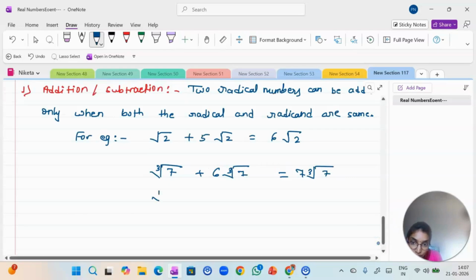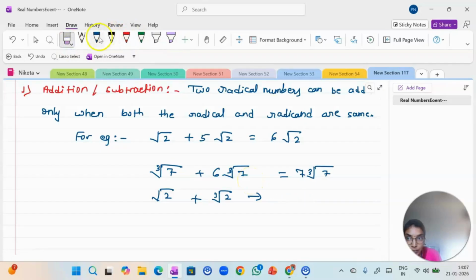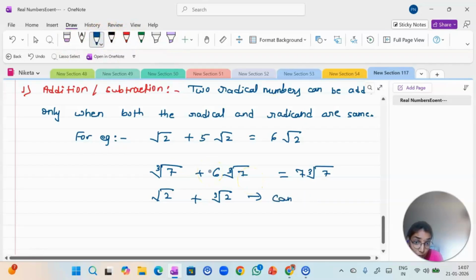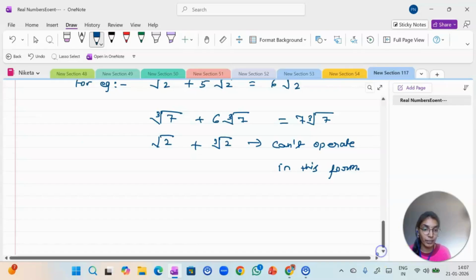But if you are given root 2 plus cube root 2, then you can't operate on it in this form. So I hope you have no doubt in addition and subtraction of radicals.